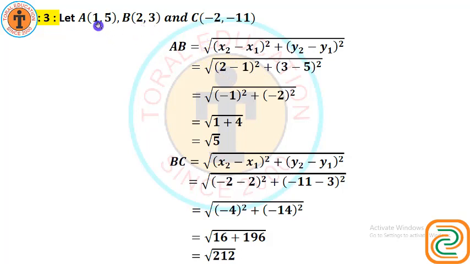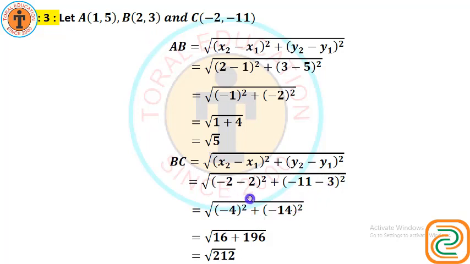2 minus 1, 3 minus 5, right? 2 minus 1, that is 1, plus minus 2 whole square, 1 plus 4, because minus 2 square is 4, so root 5. Second BC, so minus 2 whole square, minus 11 minus 3 whole square, right?